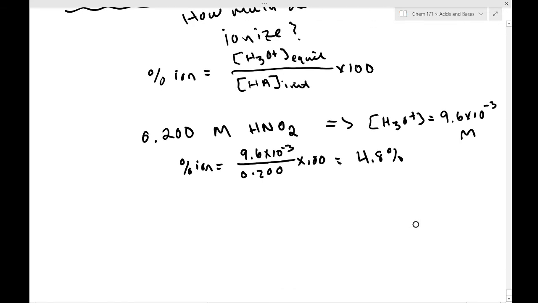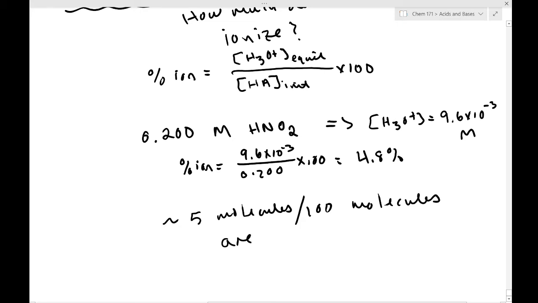That means that, on average, approximately 5 molecules per 100 molecules are ionizing. So approximately 5 out of 100 molecules are ionized in solution, which is surprising if you think about it.